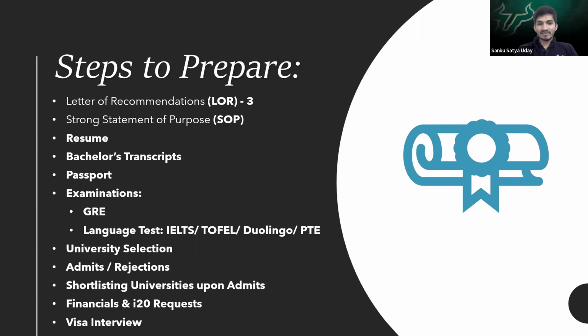And then after this, you should be booking a slot for your visa interview, and that's it. After getting done with your visa interview, you can go to your dream university.